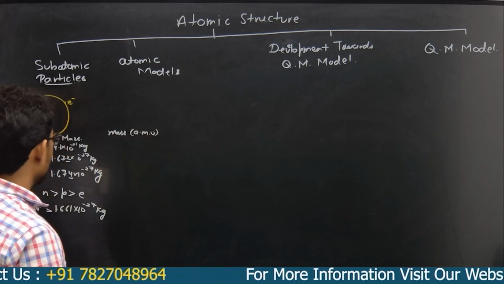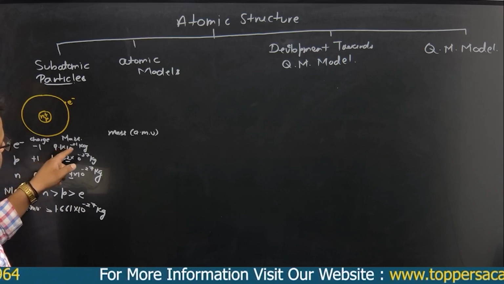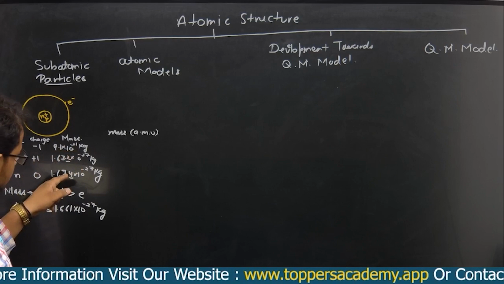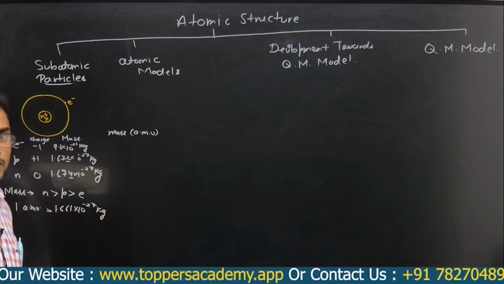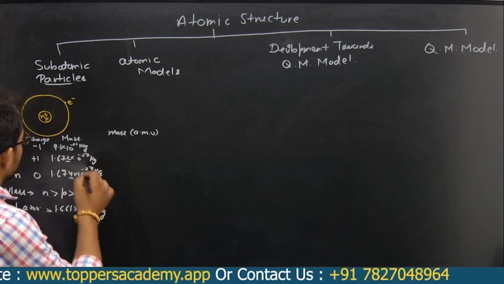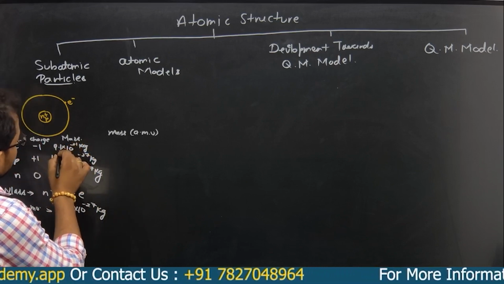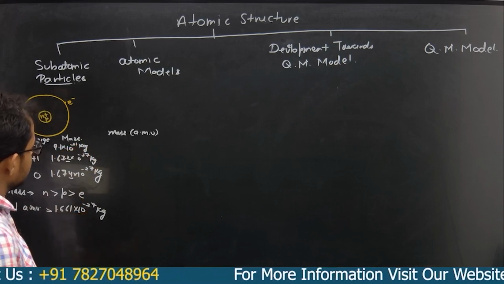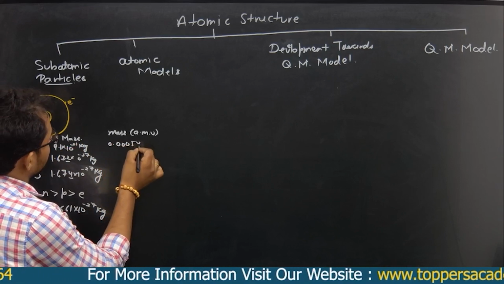So what I will do, I will divide this 9.1 into 10 to the power -31 kilogram, and the other values also, by 1.661 into 10 to the power -27 kilogram. When I divide the mass of electron by this, I will get the value 0.00548.